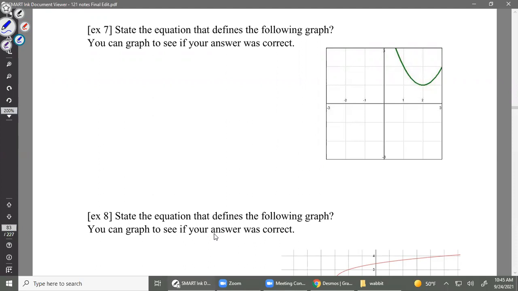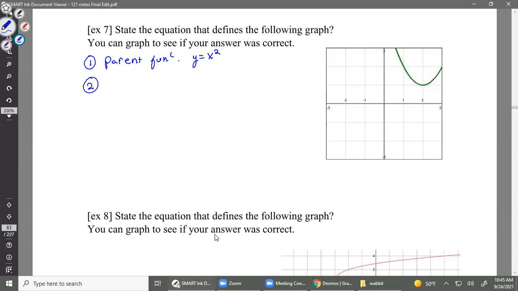So the first thing I want to do is grab, what is my parent function? What is the parent function of this? X squared. So first things first, parent function is y equals x squared.